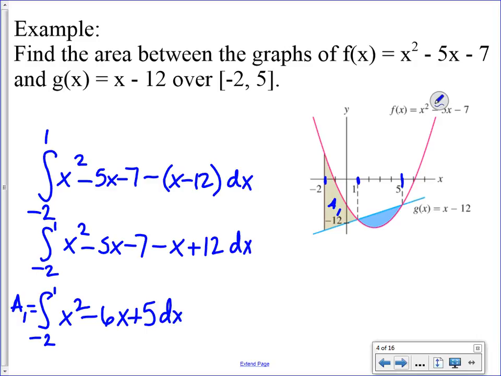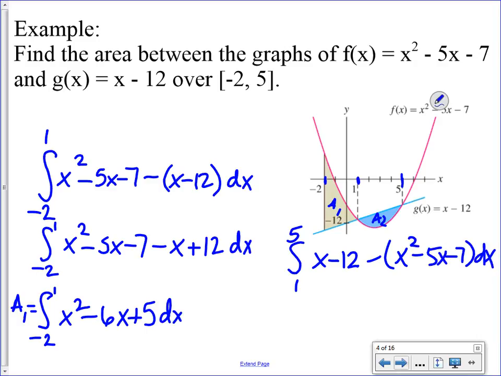Okay, I'm going to call this a sub 2, we're going to integrate from 1 to 5, but now we're going to switch that around. We're going to have x minus 12 minus x squared minus 5x minus 7. And then we'll distribute our negative.